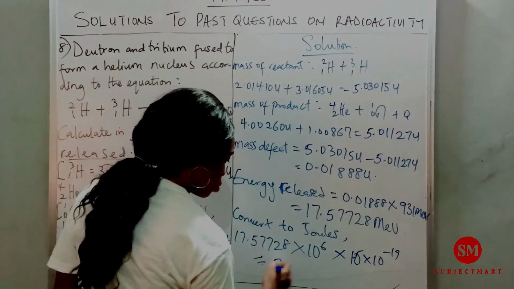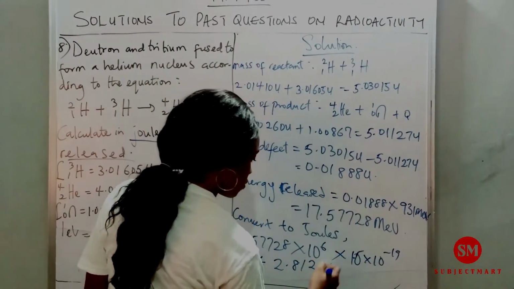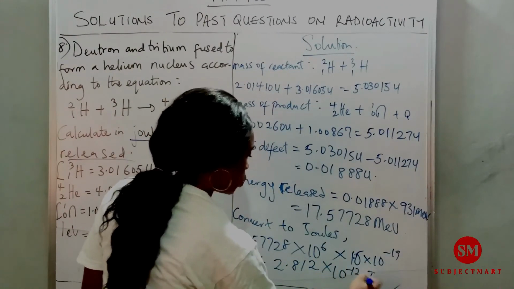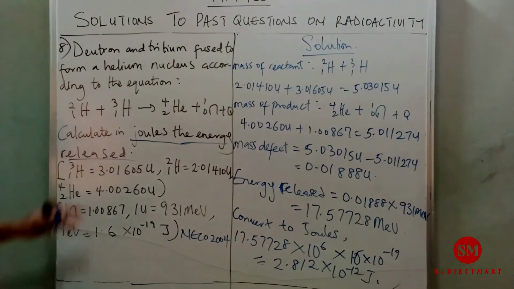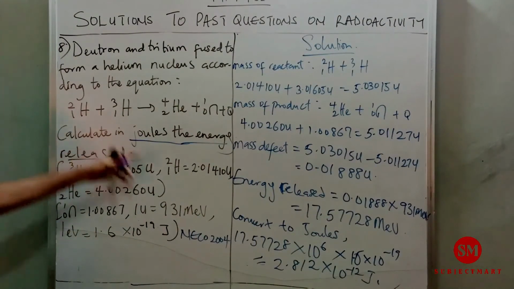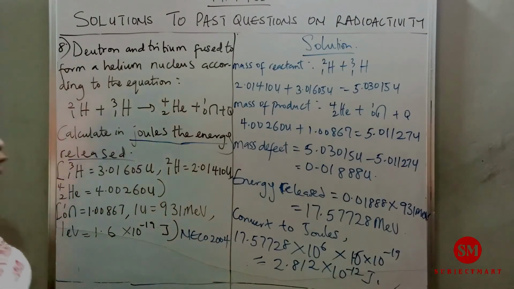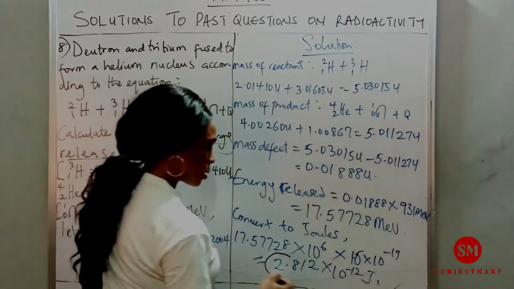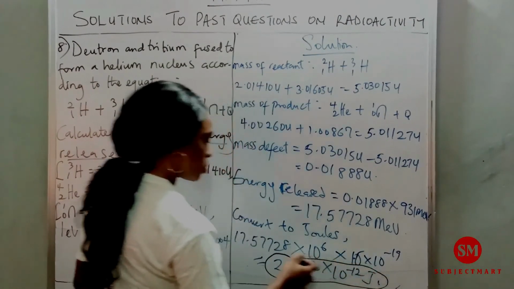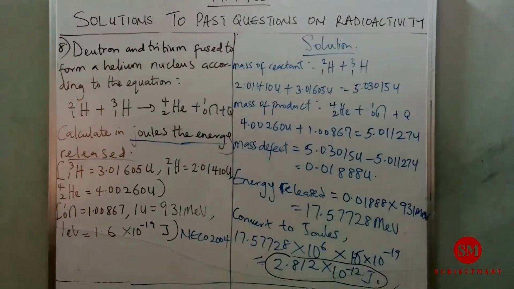And that will give me 2.812 times 10 raised to power minus 12 joules. So the energy released in joules is given as 2.812 times 10 raised to power minus 12 joules.